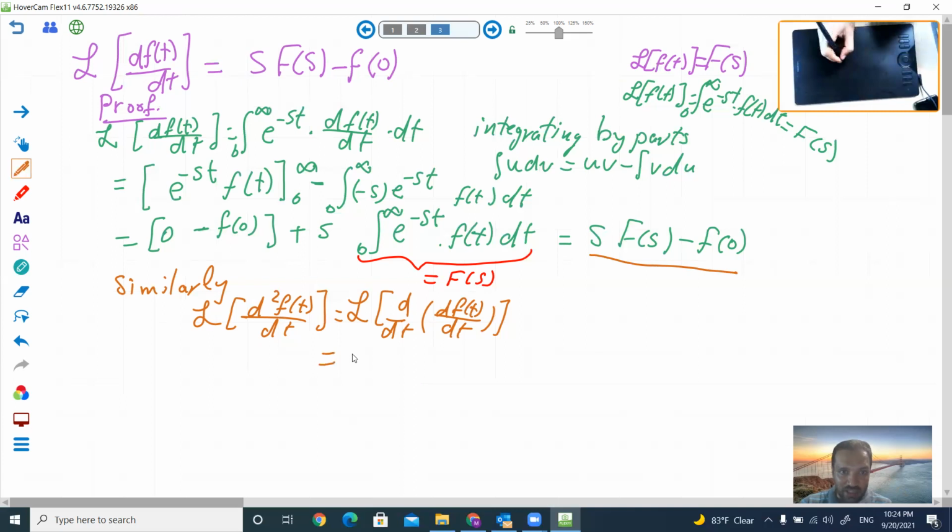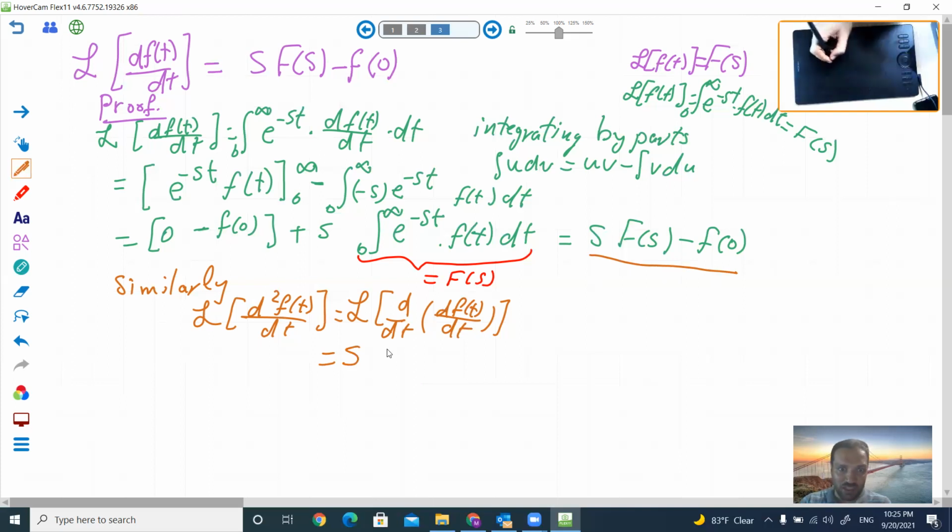It is s times f of s. What is f of s? This is the Laplace transform of f of t, right? So in our case, it is the Laplace transform of df of t by dt, which is already known. The Laplace transform of this one is the whole expression.